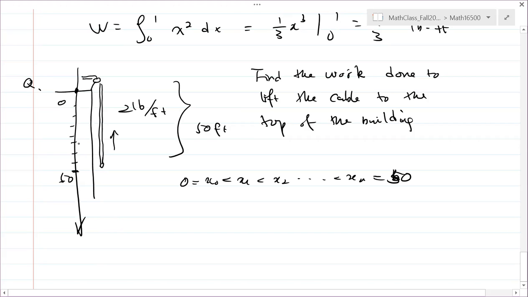For each interval, that piece, how heavy that piece is determines how much force you need to lift that piece to the top.